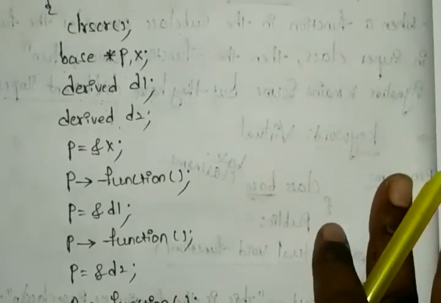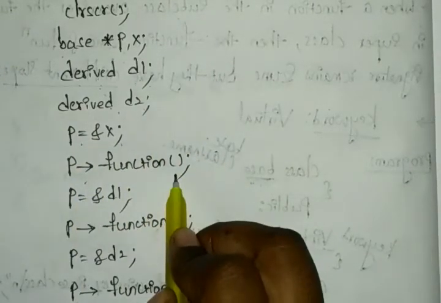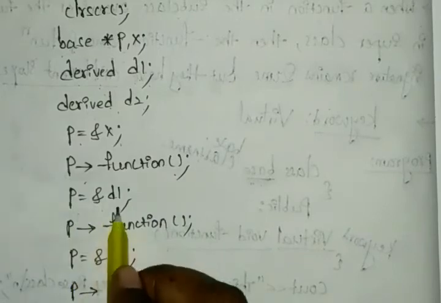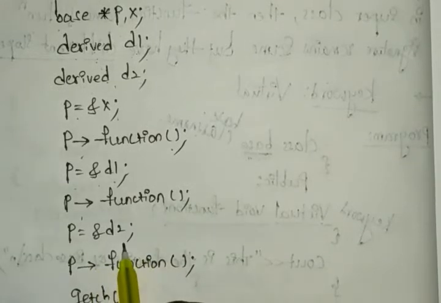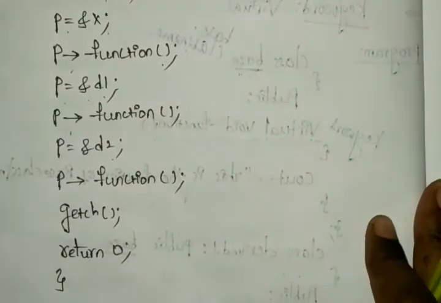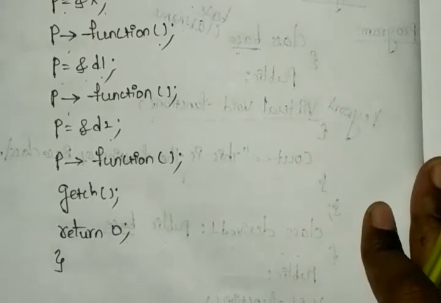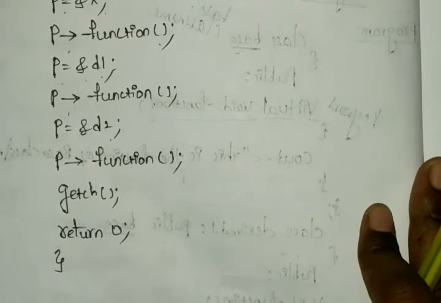Next, the pointer p will hold the address of x, and p will call the functions for derived class 1. Then the address of d1, and p will call the functions for d2, our derived class 2, and next the functions for the base class, and automatically we get the values. First it displays: this is the function of the base class.